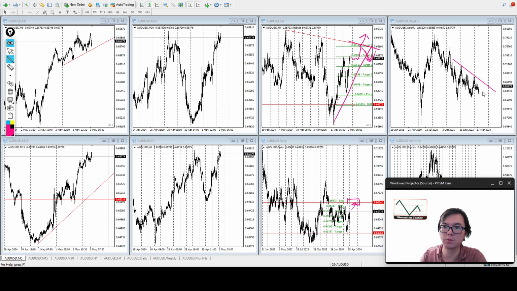The weekly chart trend line will clearly show where you can expect price to potentially stop, this area where we have the potential of a dimension or area hit. We'll see if price moves this high or if price is going to stop right here. All right, and this is pretty much it for the Australian dollar.